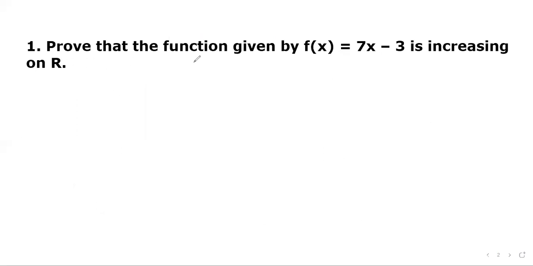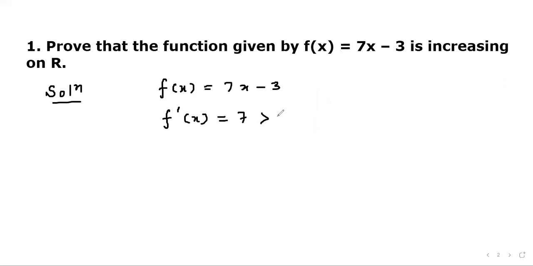Question number 1. Prove that the function given by f(x) equals 7x minus 3 is increasing on R. So f(x) equals 7x minus 3. We find its derivative, f'(x) equals 7, which is greater than 0.